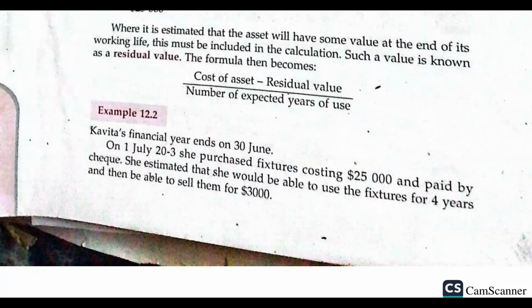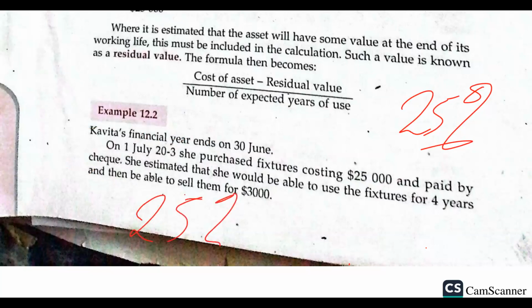Let's say the asset is said to depreciate at the cost, let's say by 25%. So if it's the straight line method, you just multiply 25% times the cost of the asset.